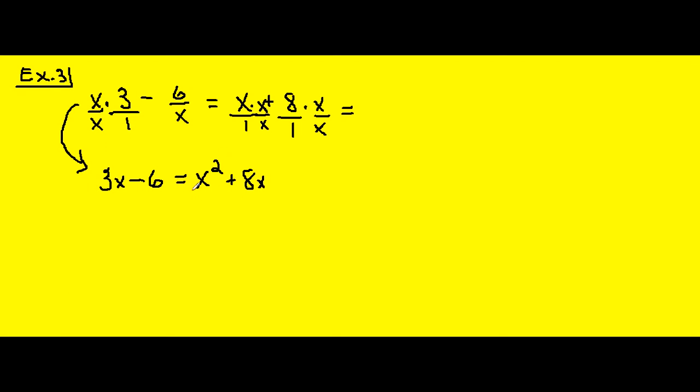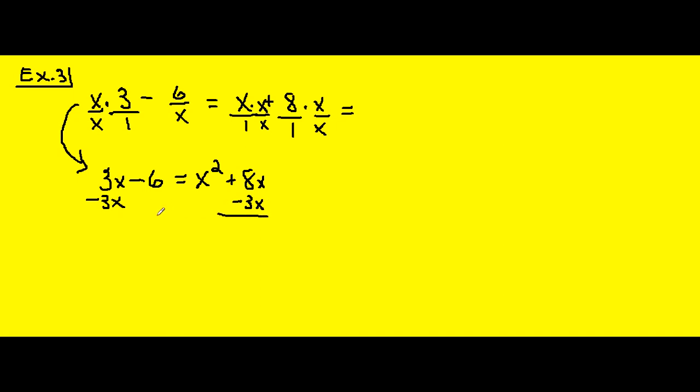Okay, as soon as I wrote down x squared, that tells me I'm going to have a quadratic equation, and in my head I'm thinking I'm going to have to get this equation equal to 0, which I'll do right now. X squared is positive here on the right side, so I'm going to leave it there instead of bringing everything over to the left and the 0 to the right. So I'm going to subtract 3x first of all. Subtract 3x.